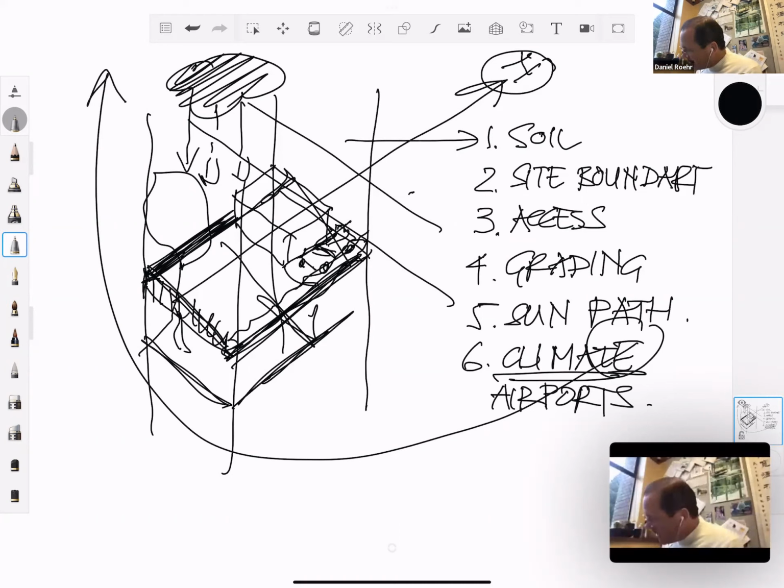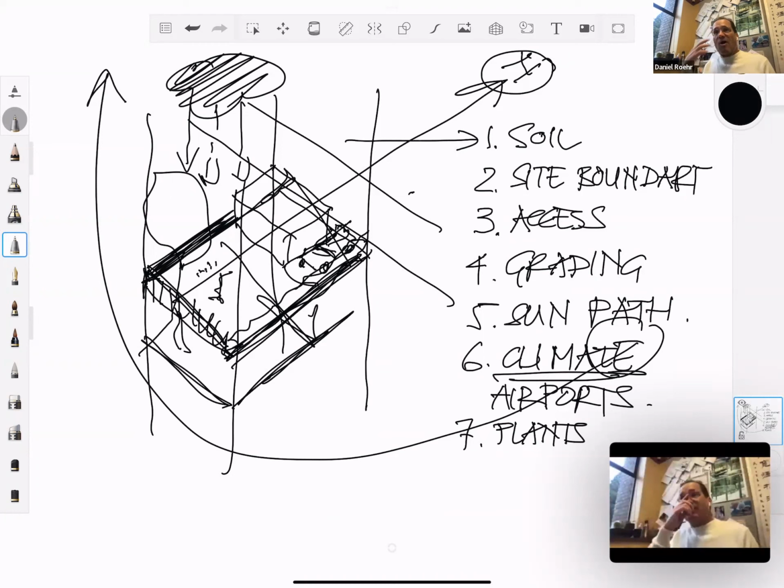Then I think about existing plants. What kind of plants are there? Trees are clear, shrubs are clear, but also what kind of mosses are on the existing site? Is there anything in the cracks between some paved areas? What kinds of plants? Lichens. So not just the obvious. This starts you to really think deeply about investigating the site appropriately. Then views.